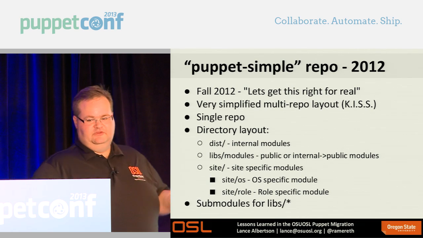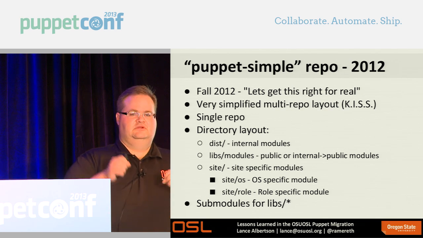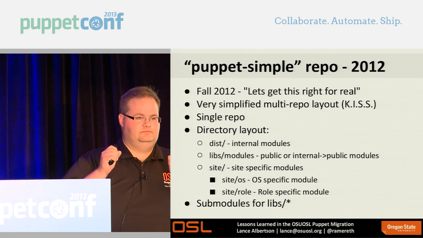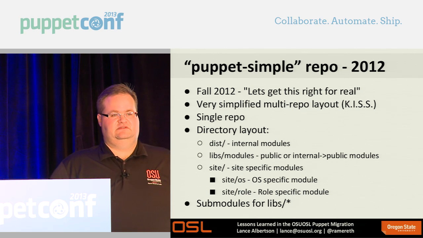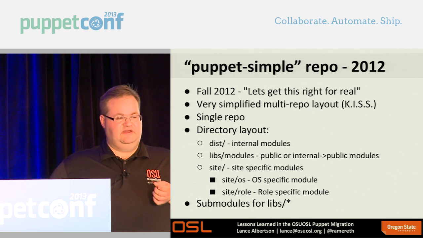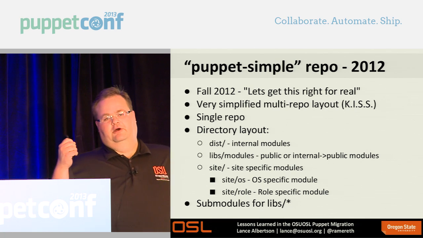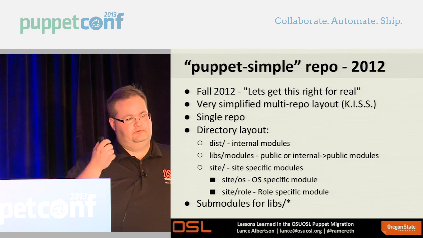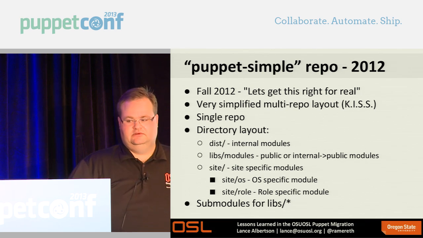Finally, later that year, we're like, let's fix this for real. Let's make it simple. Let's just call it Puppet Simple and make it really simple. Basically, it's a single repo, but parts of it do have submodules. The parts that have submodules are the stuff that we pull in from community repos so that we know exactly what version we want.